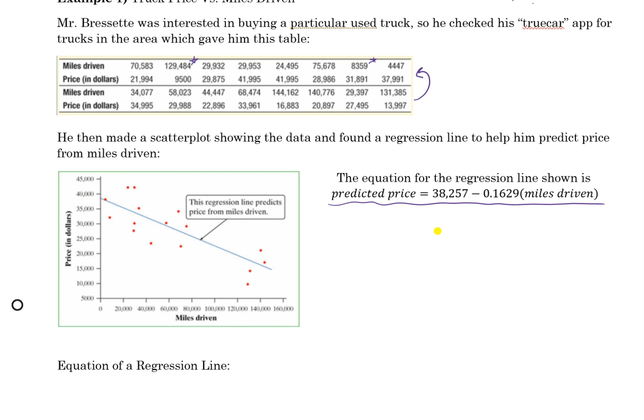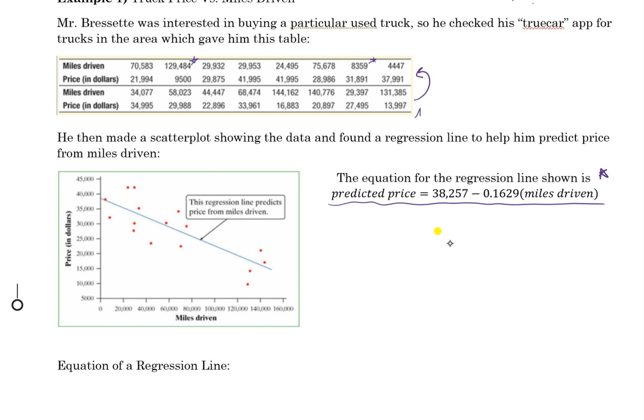Okay, so now you can go ahead and write down what I write down. The equation for the regression line shown is predicted price equals 38,257 minus 0.1629 times the number of miles driven. So what are you going to have to do with regards to regression lines?